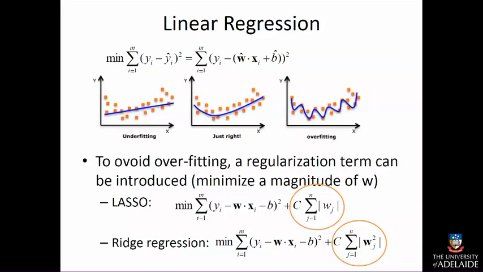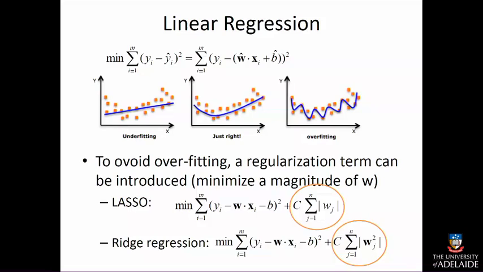But then we said in machine learning, avoiding overfitting is really important. So that's why for almost all machine learning optimization problems, we have two terms. One is the training error, which we try to minimize. In this case, the reconstruction error is the training error.